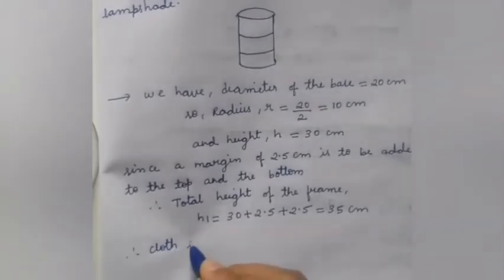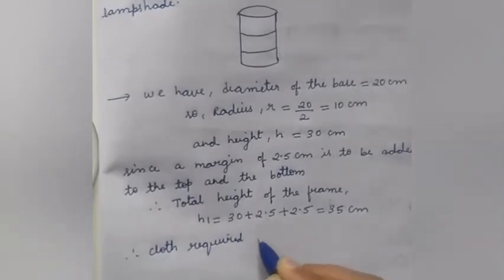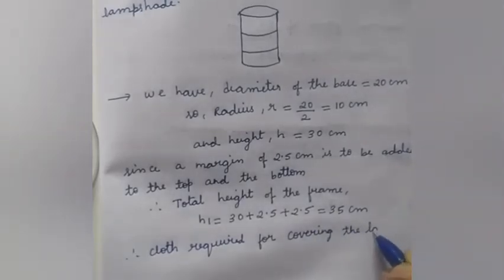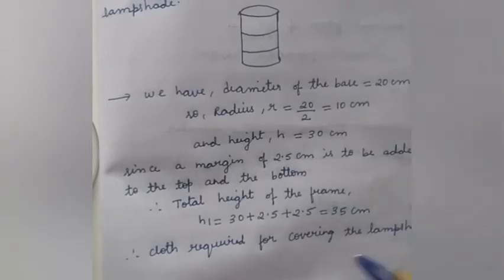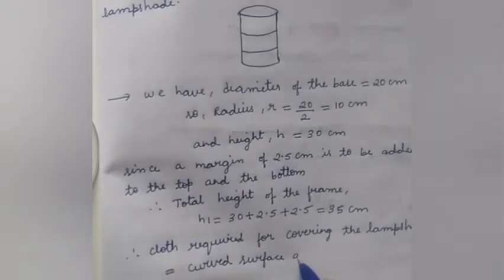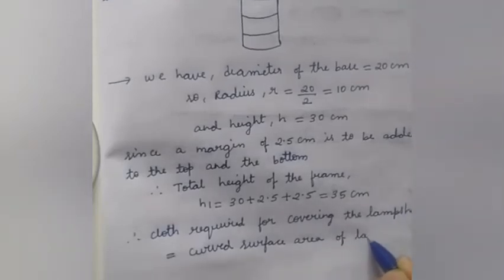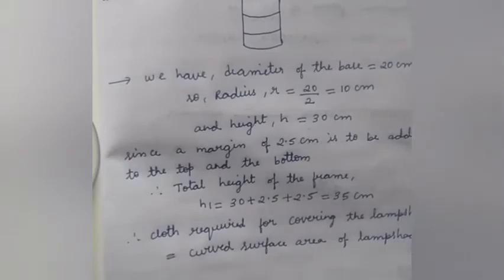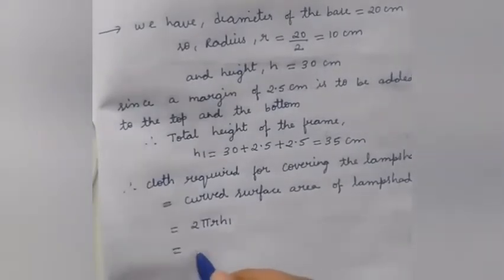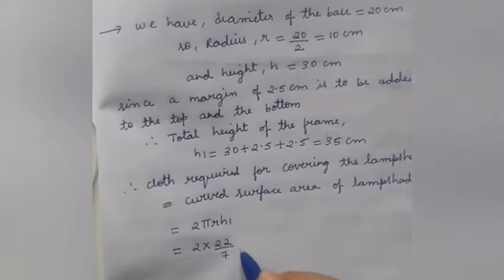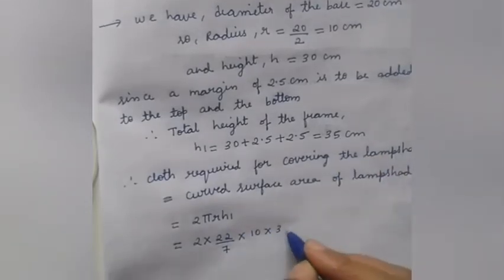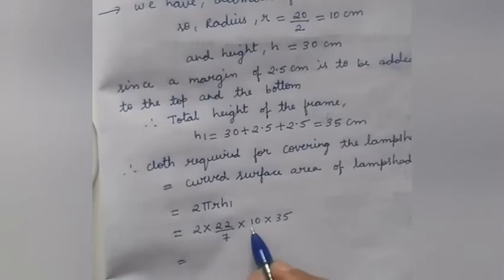Therefore, the cloth required for covering the lampshade is equal to the curved surface area, which is 2πr h1, that is 2 into 22 divided by 7 into 10 into 35.